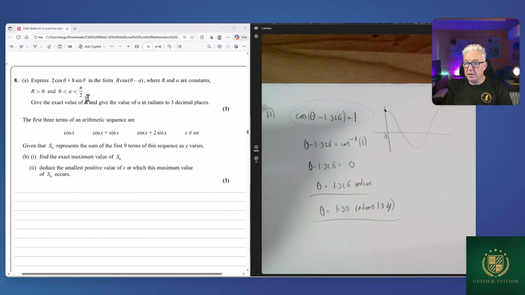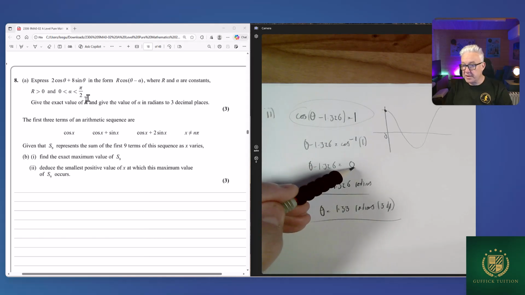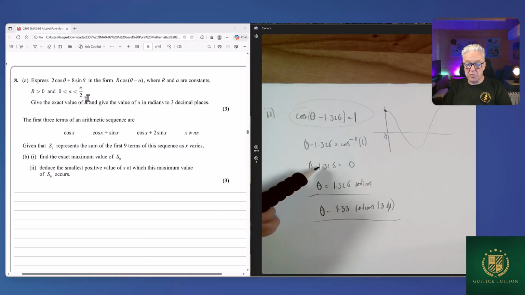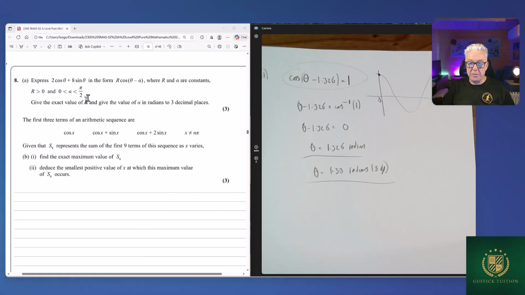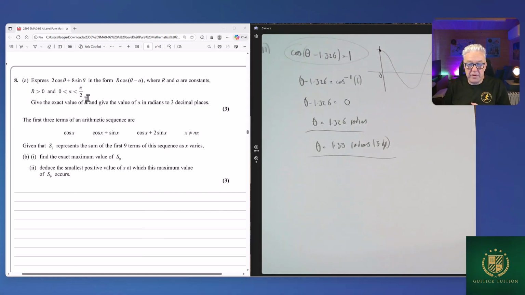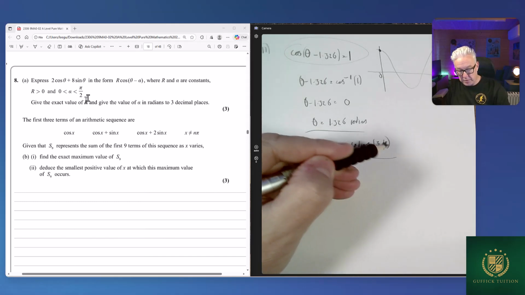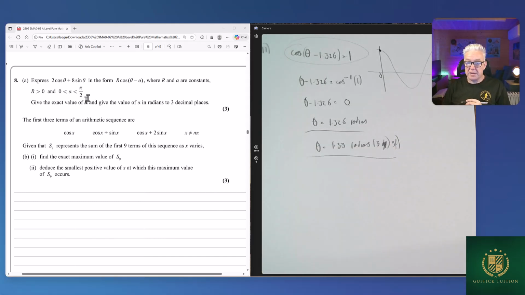So doing inverse cos of 1 gives me 0. So theta minus 1.326 is 0. So we just add 1.326 to both sides. And the answer is, I've given it to 3 decimal places, 3 significant figures. I don't know why I've written decimal places. So giving the answer to 3 significant figures, we get 1.33 radians, which is our answer.